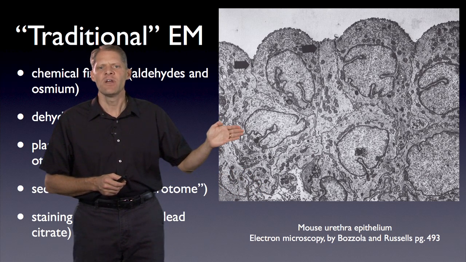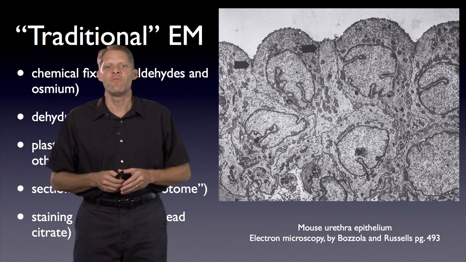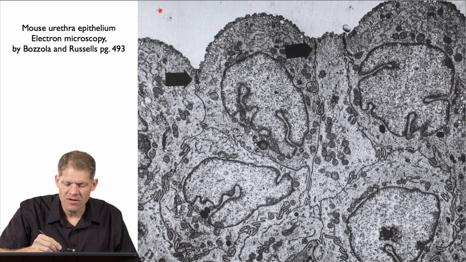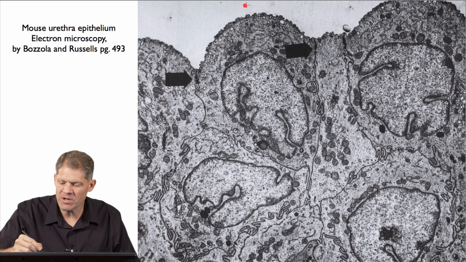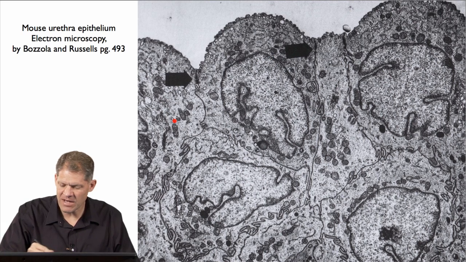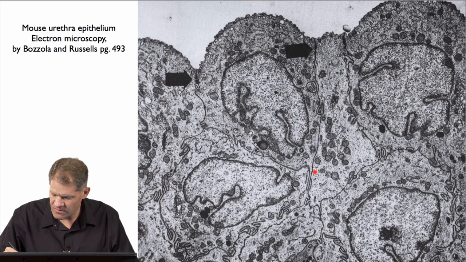And in this picture is an image from traditional thin section EM of mouse urethra epithelium. In this image, this region is the lumen of the urethra, and these are the cells that line it. So this is the boundary of one cell, for instance.